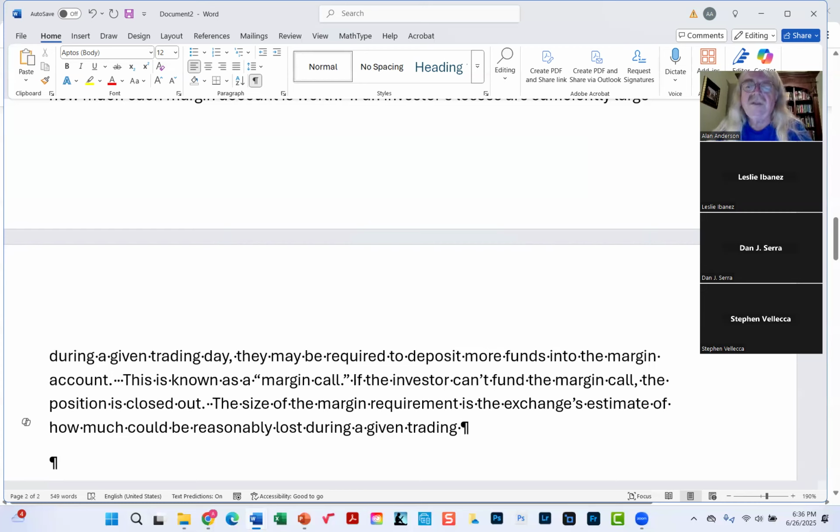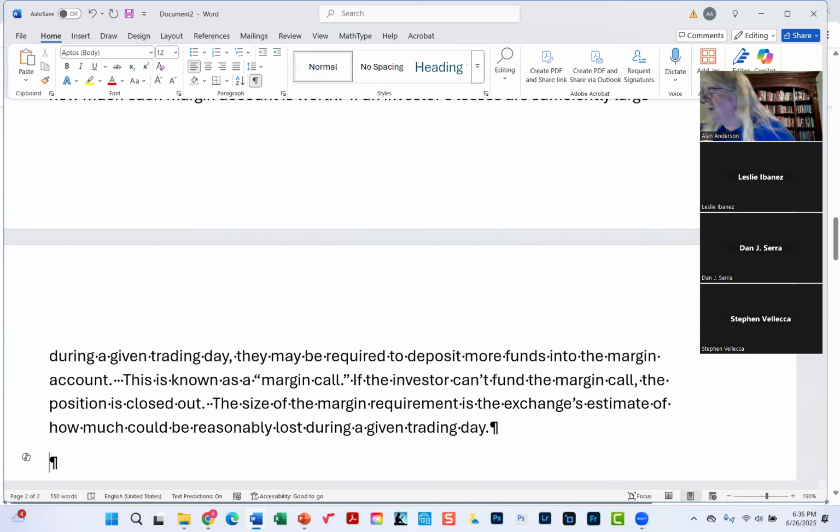They can't just shut down your account during the middle of a trading day. But when the day's over, like, listen, fine, you lost money. Don't worry about it. Give us some more margin, and we're all set. If you can't handle that, that's it. You can't lose any more money if they close out your account.